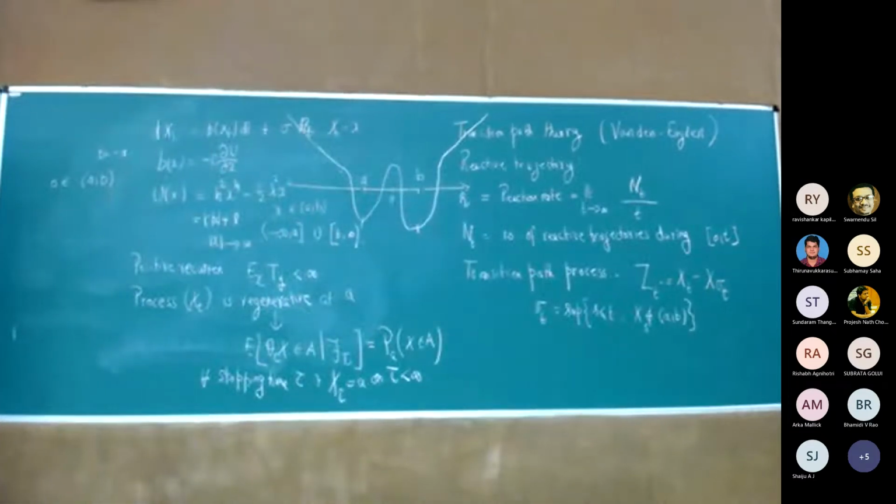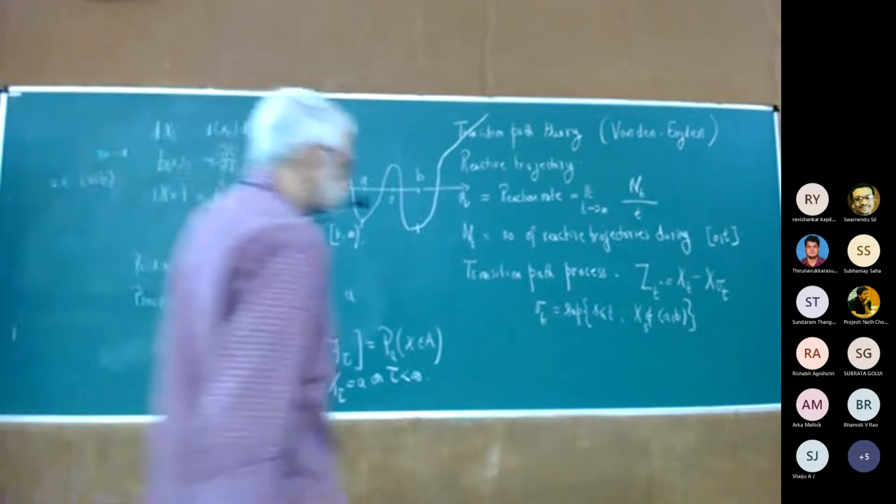So sigma T's are not stopping times, they are random times. For each T, it's a random variable, but they're not stopping times.